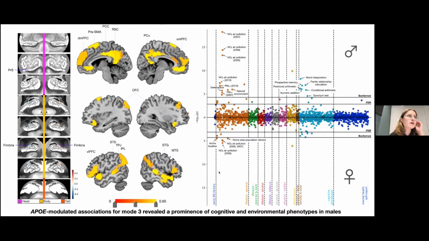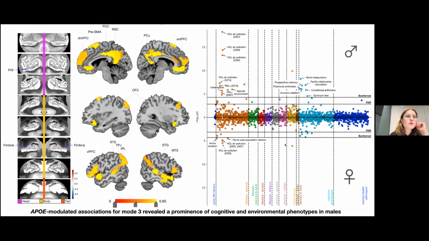I did the same process and pulled genetic risk across individual expression of mode 3. And this is the association we obtained. Again, we have a high preponderance of environmental phenotypes: NO2 exposure, green space, particulate matter, which is fine particles sometimes from cars, so emissions present in the atmosphere, natural environment, and then cognitive hits in males.